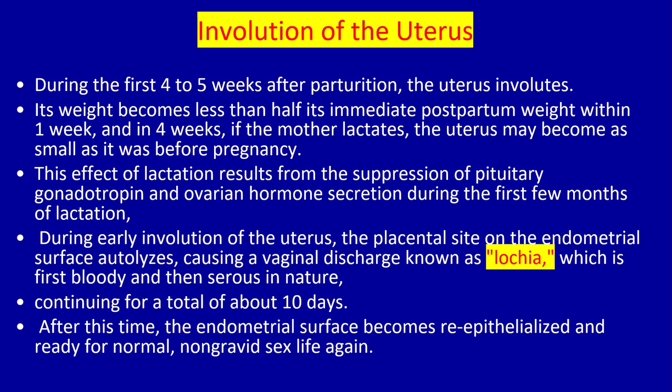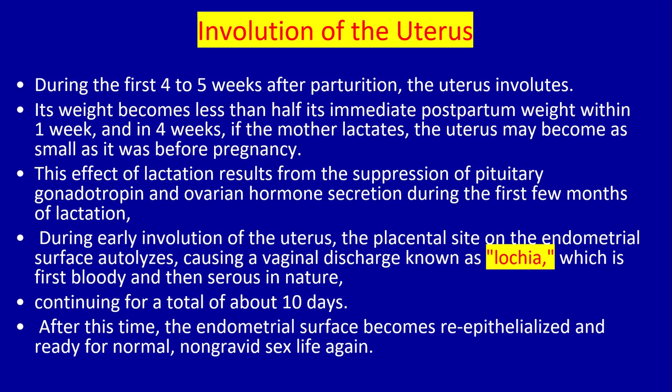This effect of lactation results from the suppression of pituitary gonadotropin and ovarian hormone secretion during the first few months of lactation. Breastfeeding also helps in family planning to prevent another pregnancy, because when the mother feeds the baby there is no ovulation, at least in the first few months.